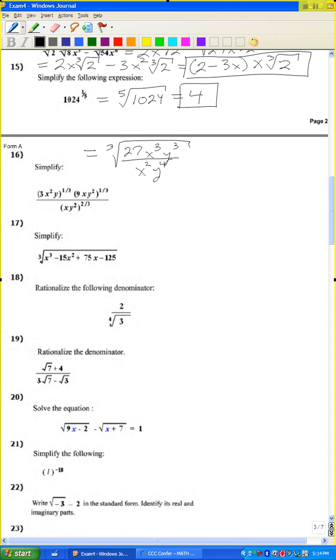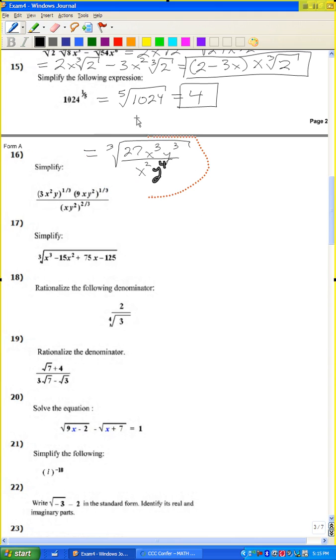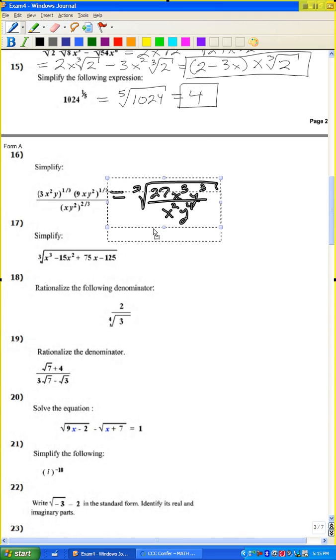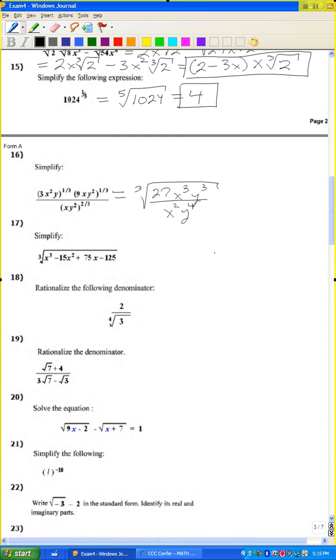And so this is equal to, actually I could have moved it down here, because I'm not using as much space as I thought. So this is equal to the cube root of, well, I can cancel this. X cubed divided by x squared is x.